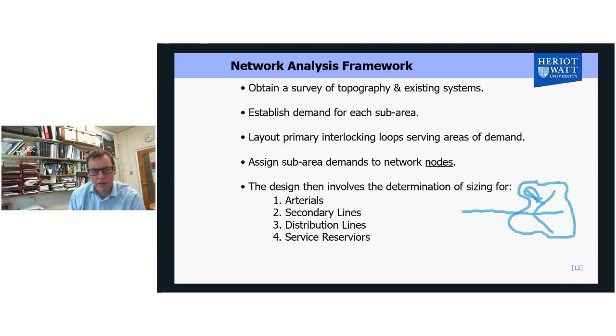Whereas if you had a loop network, perhaps like this, every point in the network is supplied from two sides. So if you've got a break in supply here, people in this area can be supplied by going around that way or even around that way. So it gives you extra resilience in how you manage your network.